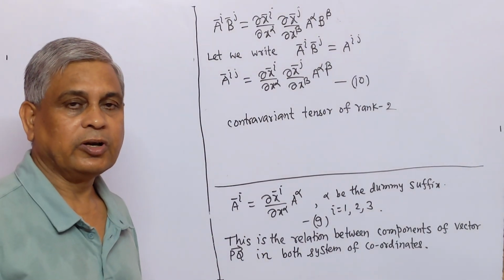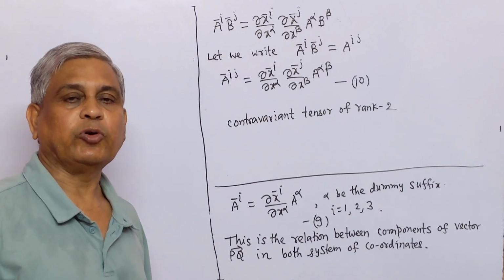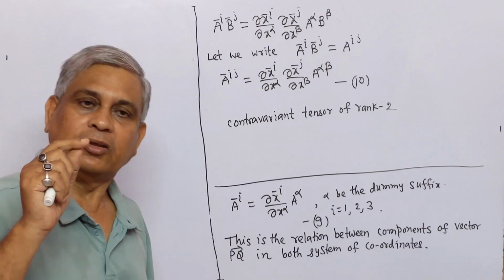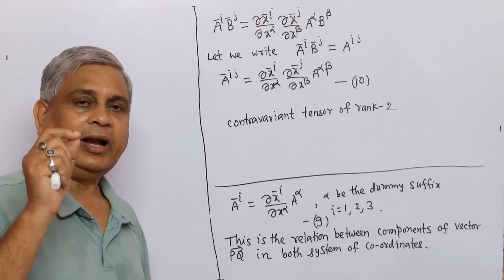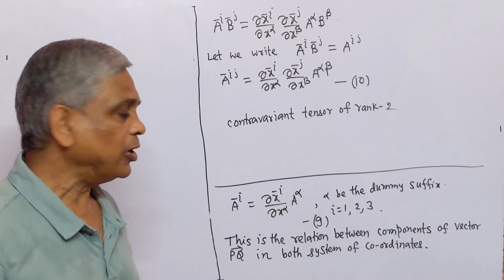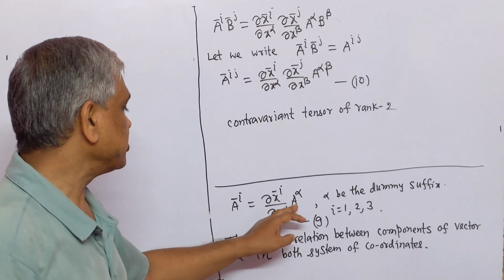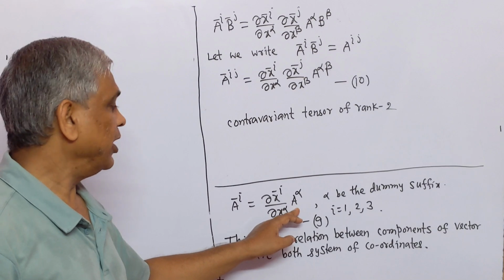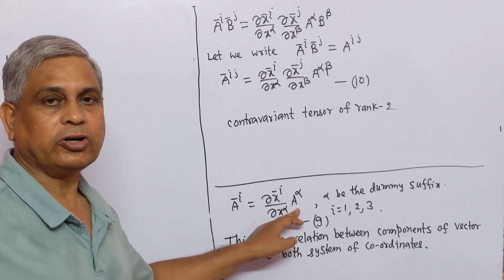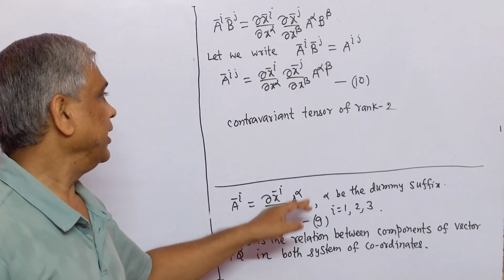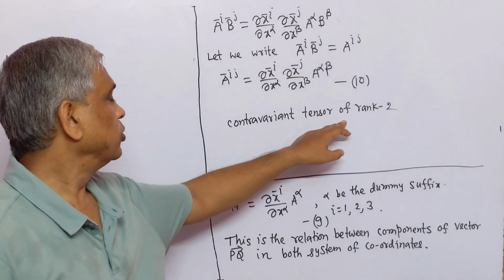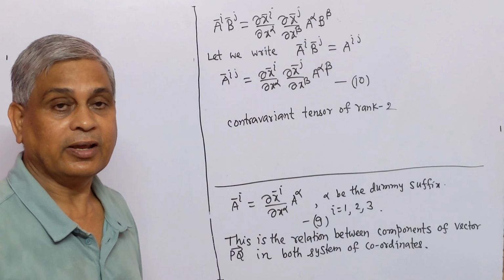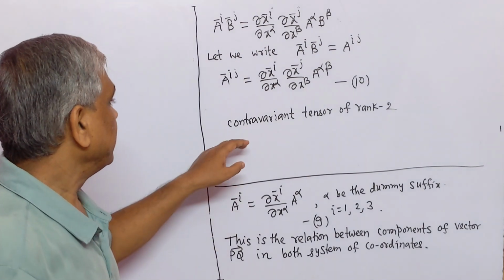In place of the Cartesian system of coordinates, if we use n-dimensional space, then the number of components in the x system will be n: a1, a2, a3, up to an, and for rank 2 we get n square components.